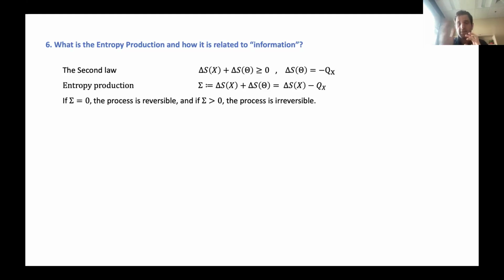And if theta is your reservoir, the change of entropy in the reservoir is the heat that the reservoir gets from your system, assuming it's a perfect reservoir and doesn't do anything except exchange heat with you. Then entropy production is basically the left side of this inequality, and it's a sign of a reversible or irreversible process. If it's 0, it's reversible, and if it's bigger than 0, it's irreversible.